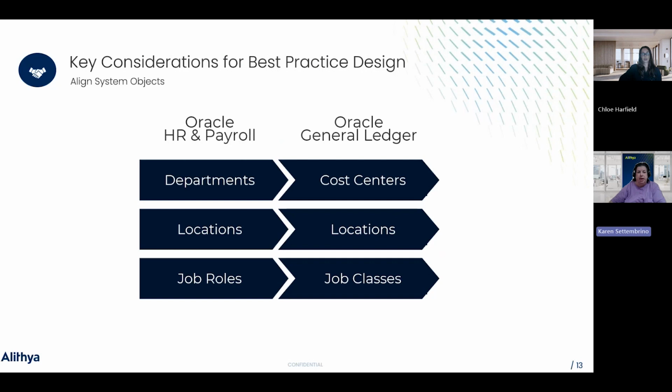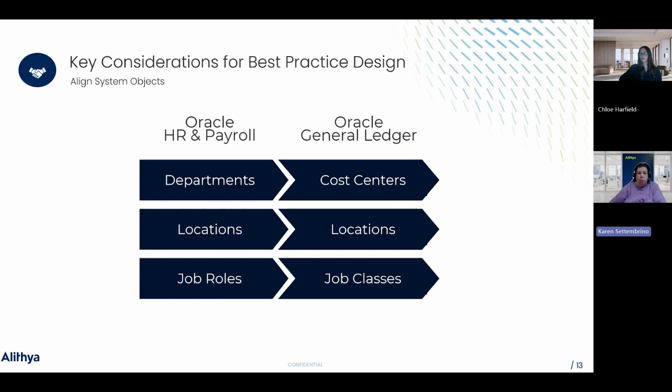The only thing I would like to add here is the fact that one of the biggest and most difficult aspects of all of this is understanding the alignment between the cost centers and GL and the HR departments. A lot of times it's not realized how closely tied they are within the Oracle application because it is truly a one-to-one basis.